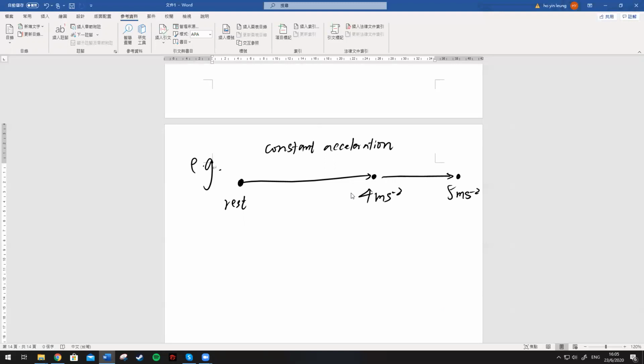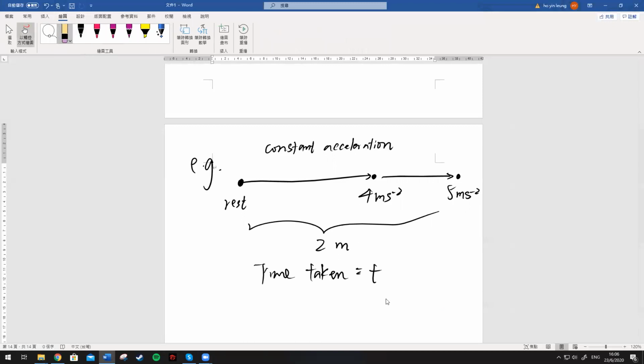Let's say the total distance travelled is 2 meters, and the time taken is, for example, T. The time taken should be maybe 10 seconds.